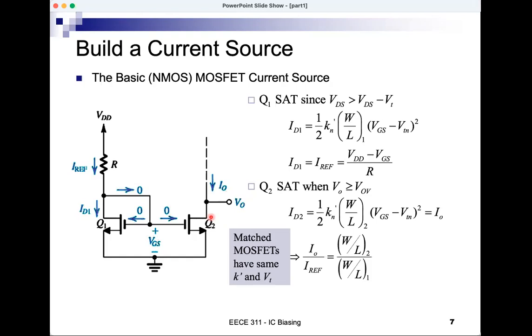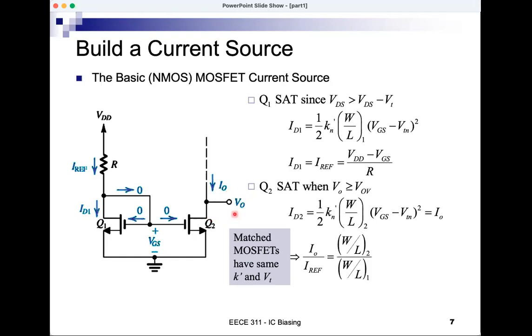IO is ID2 and IREF is ID1, equal to W over L2 divided by W over L1. Okay, so IO over IREF is W over L2 divided by W over L1.